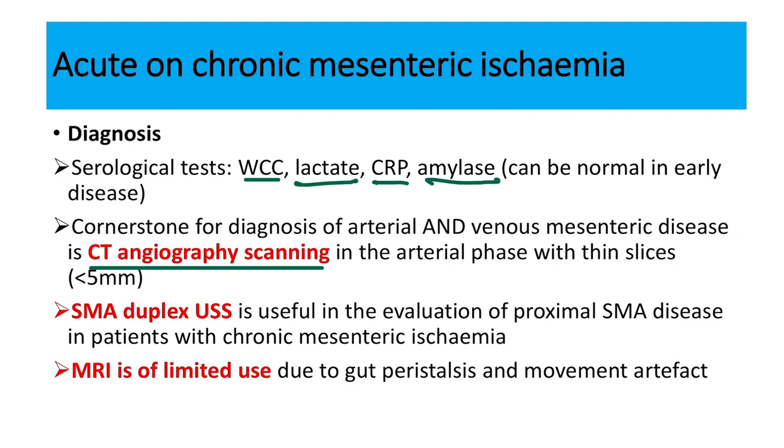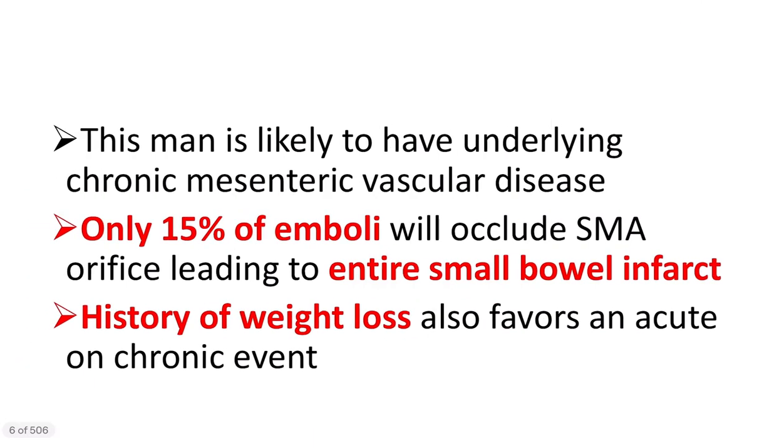A superior mesenteric artery duplex study is also useful for evaluation of proximal superior mesenteric artery disease in patients with chronic mesenteric ischemia, and MRI is of limited use. So CT angiography and the duplex study are very helpful, but MRI is of limited or no use because peristaltic movement causes artifacts, and MRI usually cannot give us a better image.